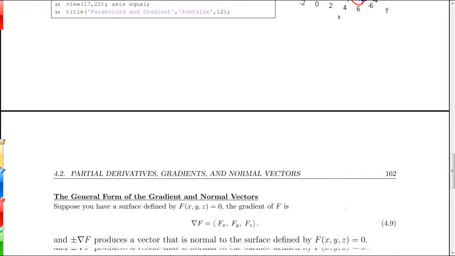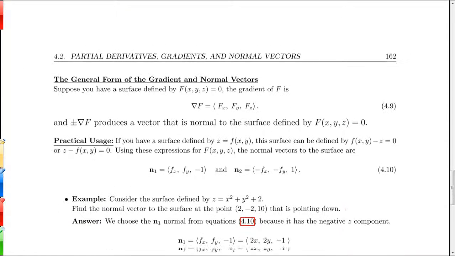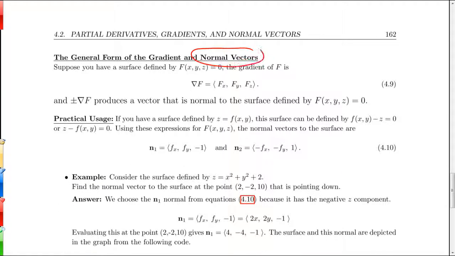There's one other very important thing that I can get from the gradient, and that is a normal vector. Specifically, if I have my surface defined like this, suppose I had z equals x squared plus y squared plus 2. That's my surface. I can just subtract x squared plus y squared plus 2 from both sides, and I'll do z minus x squared minus y squared minus 2 equals 0.